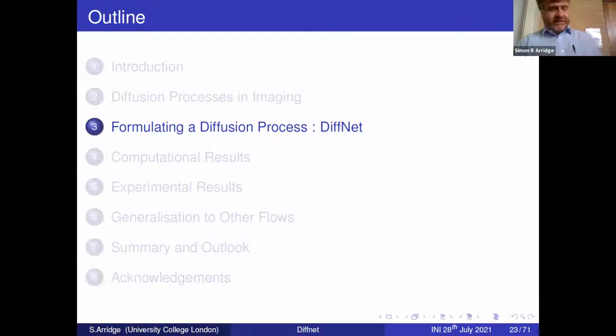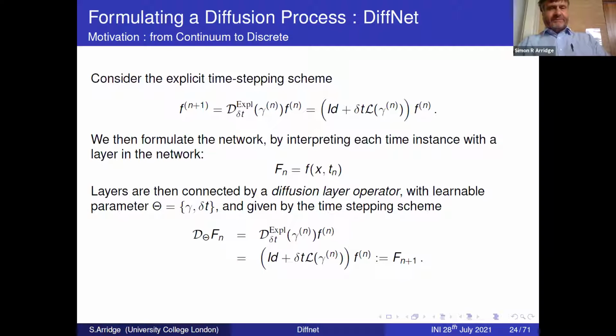All right, so how does that translate to a network idea? So we go back to this explicit time stepping scheme, and then we reformulate this as a network by interpreting each layer F_n as the sample of the image at time t_n.